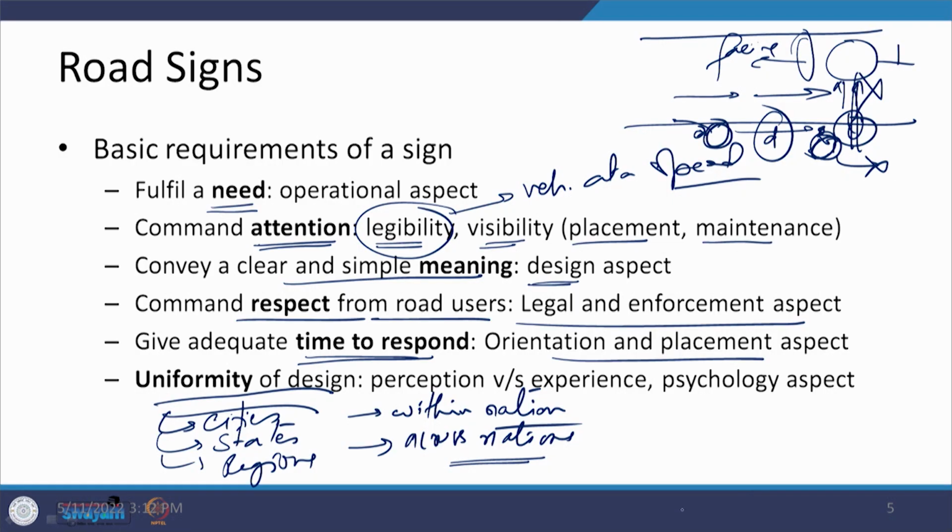And the same is true not only with respect to the east, west, north, south, central regions of a country, but also across the countries or nations, because if somebody comes from outside, takes a vehicle, drives by themselves, himself or herself, then they should also be able to understand what the signs are trying to tell them.